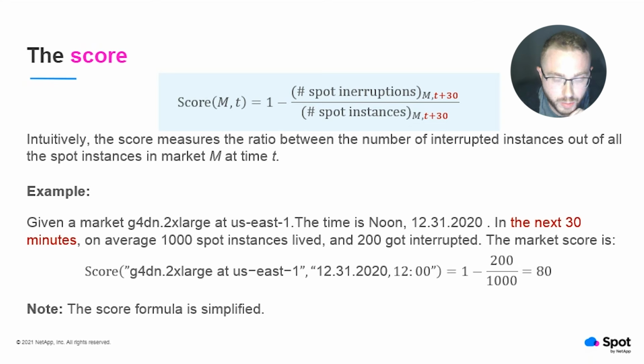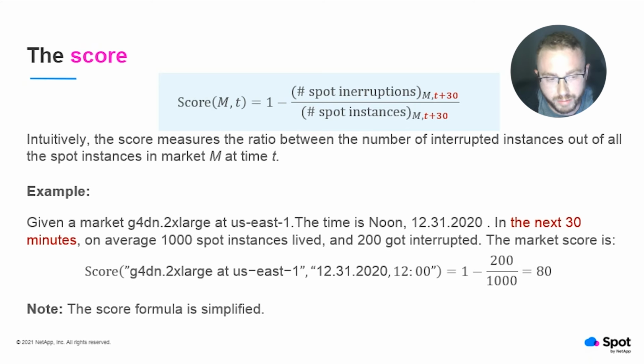Now, I just want to note that this is a very simplified formula. Part of what we are doing in the research team is thinking of ways to better normalize this formula and make it better for our customers. But this is the intuition. It's something along those lines.